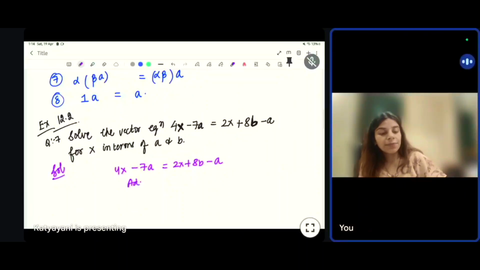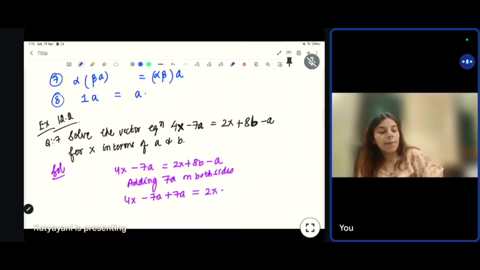So adding 7a on both sides, I will get 4x minus 7a plus 7a is equal to 2x plus 8b minus a plus 7a. So this becomes a 0 vector, right?